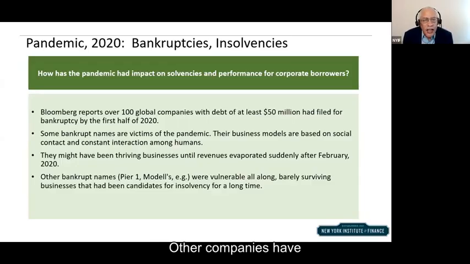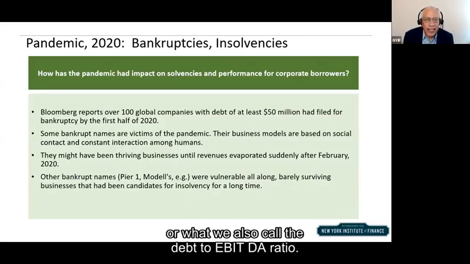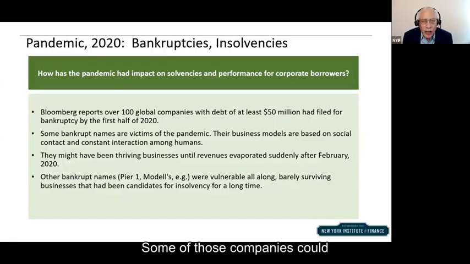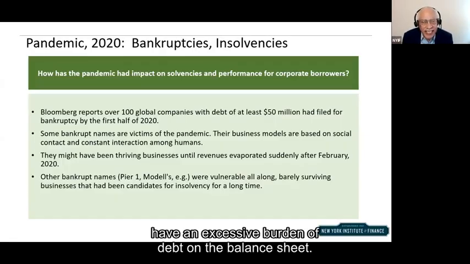Other companies have a substantial amount of credit obligations, a substantial amount of debt. Many companies operate with a substantial debt to equity ratio, or what we also call the debt to EBITDA ratio. They have capital structures where there's so much debt. And some of those companies could have survived if they did not have an excess burden of debt on the balance sheet.